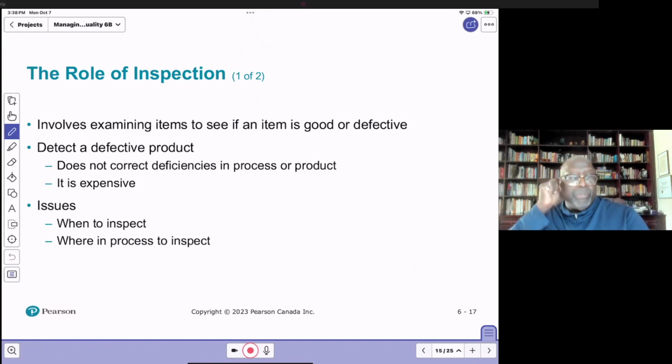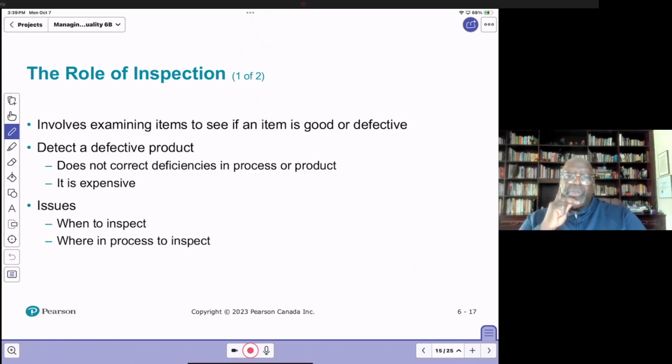Detecting a defective product does not correct deficiencies in the process or product. It is expensive and requires effort. It doesn't correct anything; it just identifies when there's an issue.